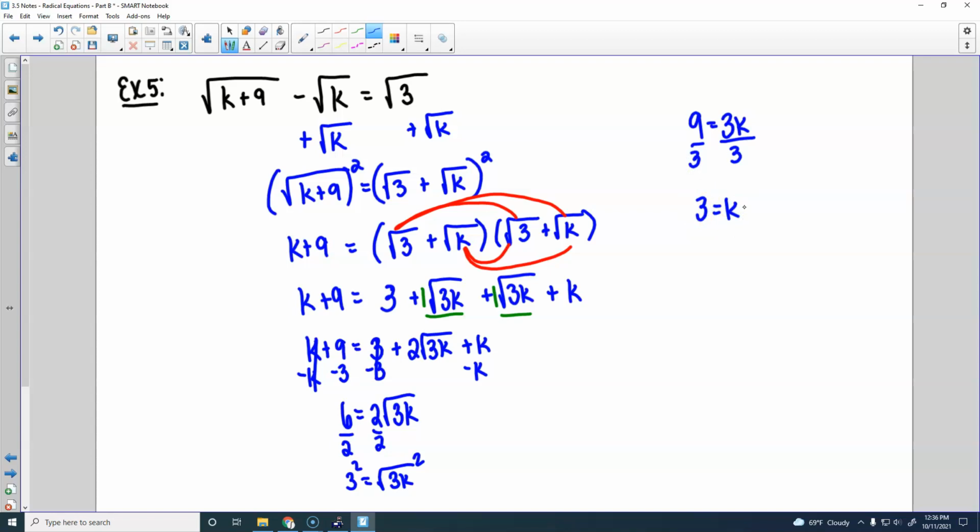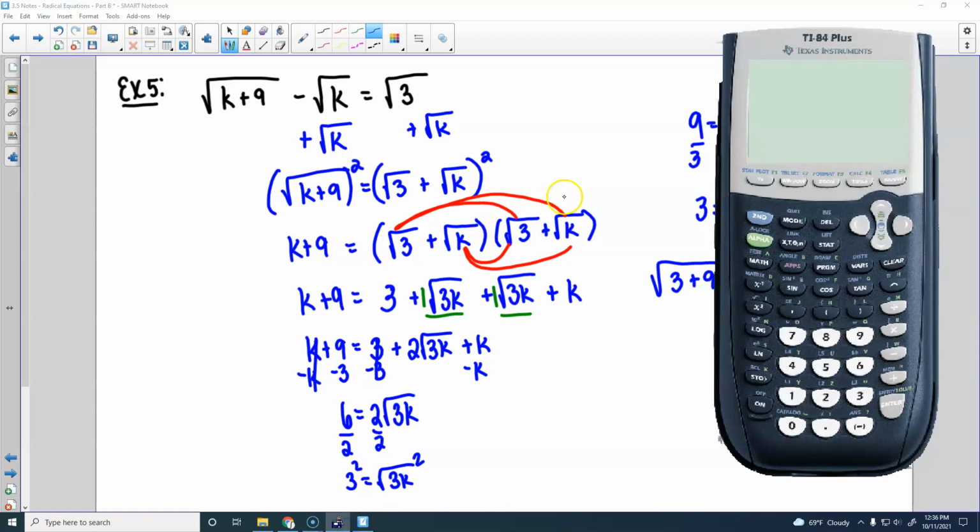And we need to plug this back in to make sure it works. So we have the square root of 3 plus 9 minus the square root of 3 equals the square root of 3. Let's see if it works.